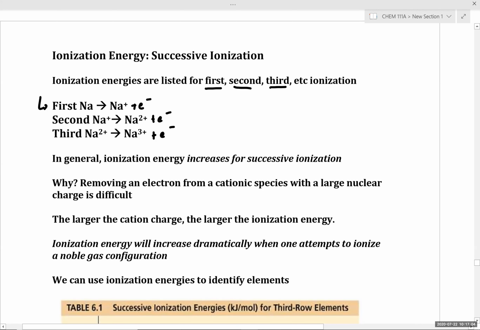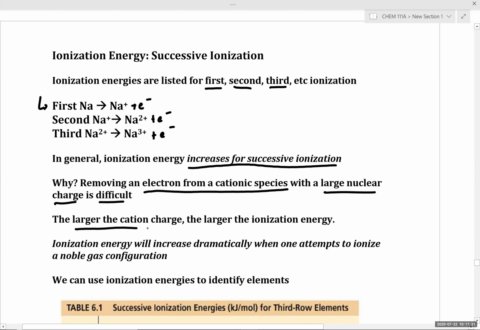Now, ionization energy increases for successive ionization because as you continue to remove electrons, you have a relatively large nuclear charge compared to a relatively small number of electrons. And as a result, removing an electron from a cationic species with a large nuclear charge is difficult.